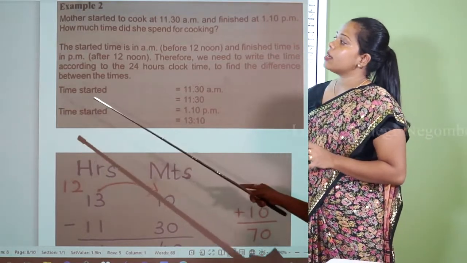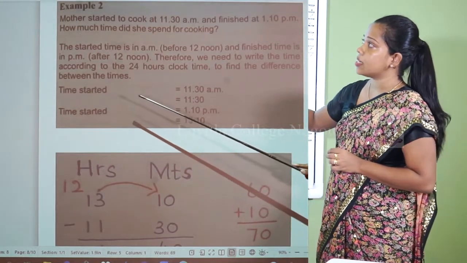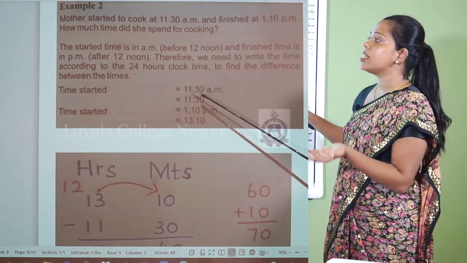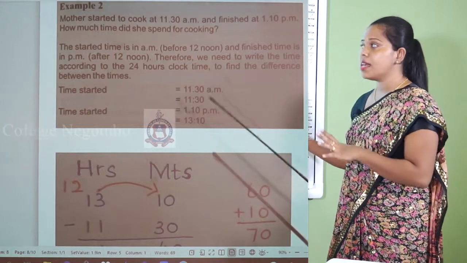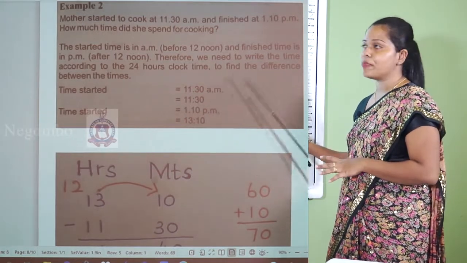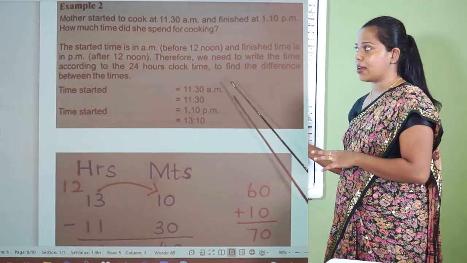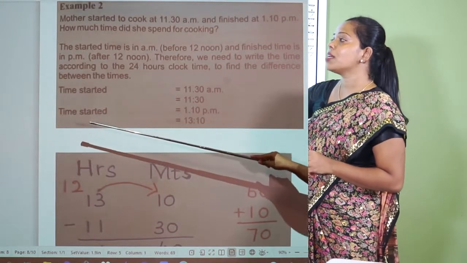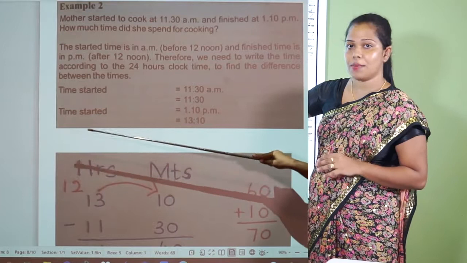So here this is the time started, that is 11:30 a.m. When you convert 11:30 into 24-hour clock time, it's the same time, 11:30. We need 4 digits to denote time in 24-hour clock time. So it's 11:30. Here, it's not time started, this should be time ended.